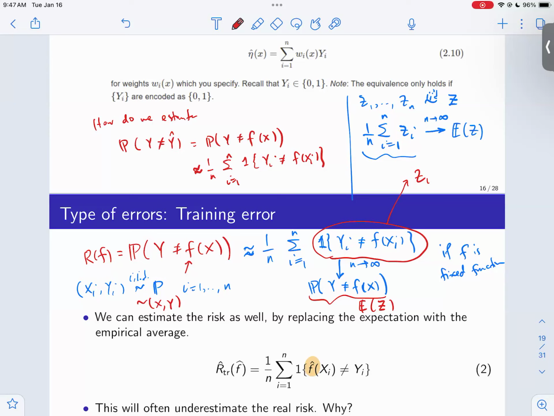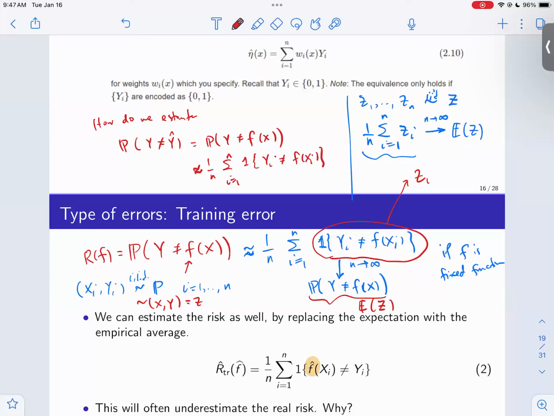So if I call this Z, this is really the expectation of Z, and the expectation of Z is really the probability of it being 1. So it's just an application of the law of large numbers. Does that make sense?